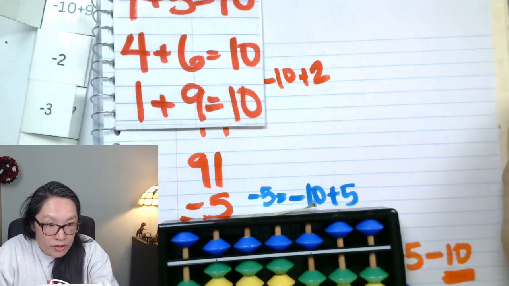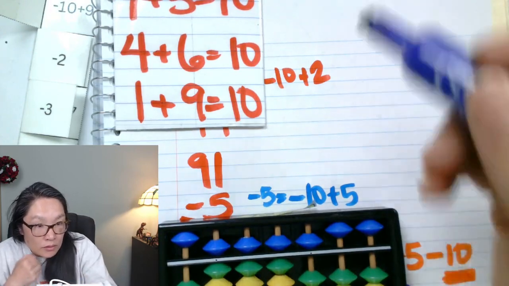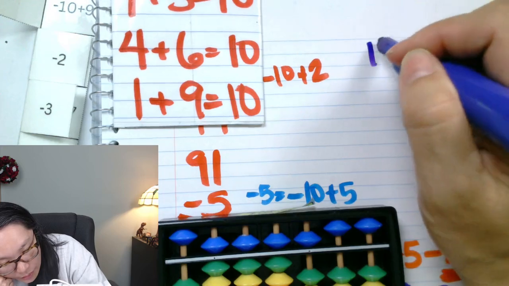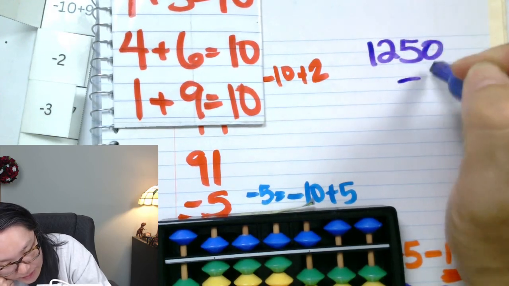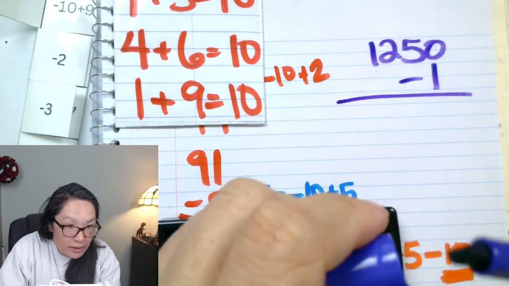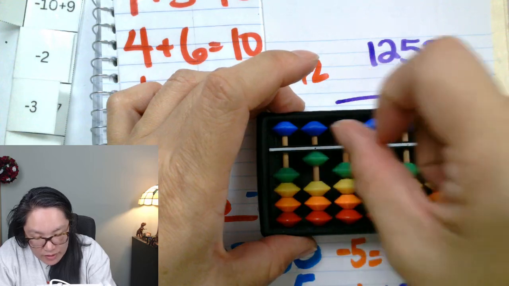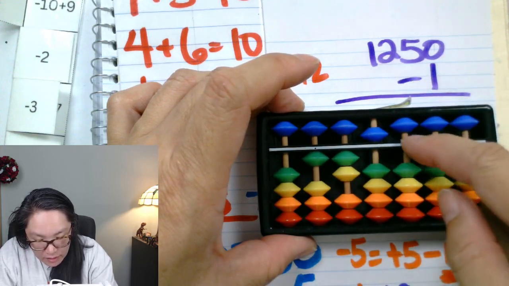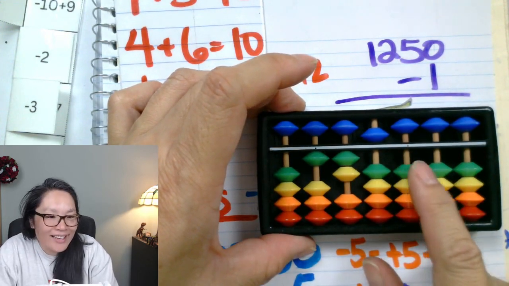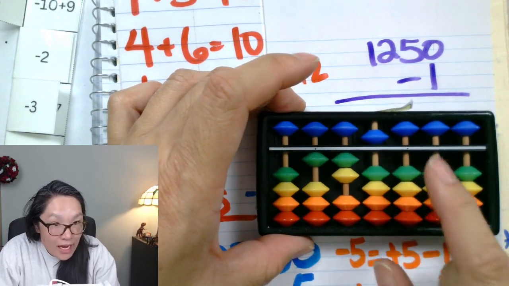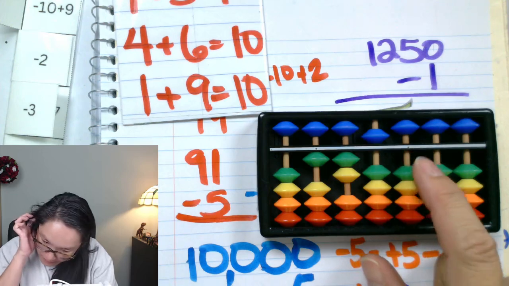So we have our next question, 1,250 minus 1. Same thing, right? 1,250, take away 1. How do we take away the 1? Can we take away the 5?